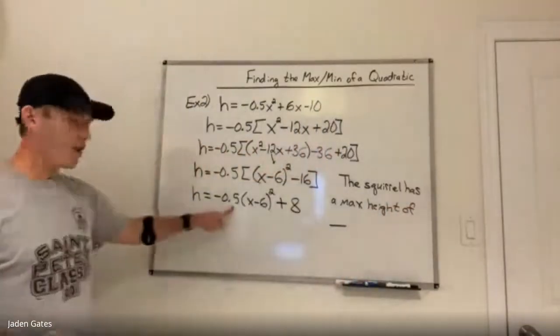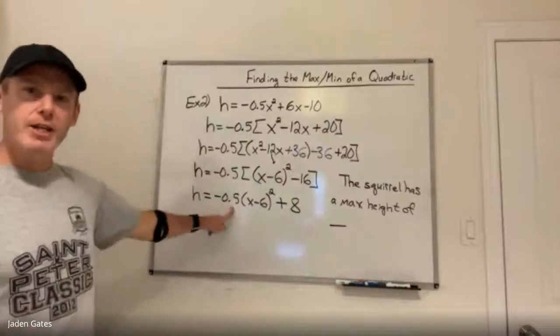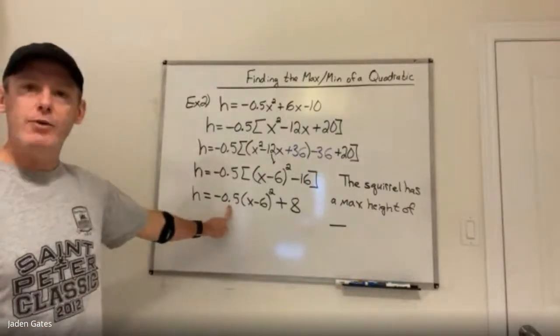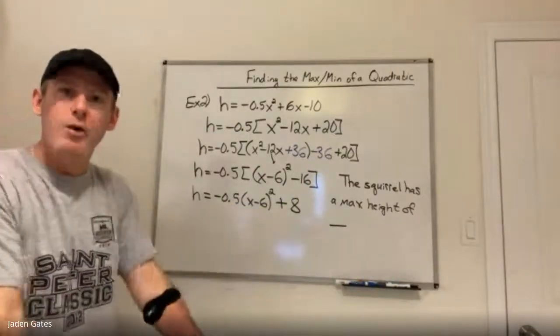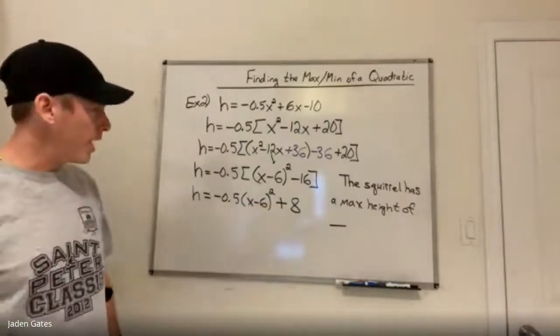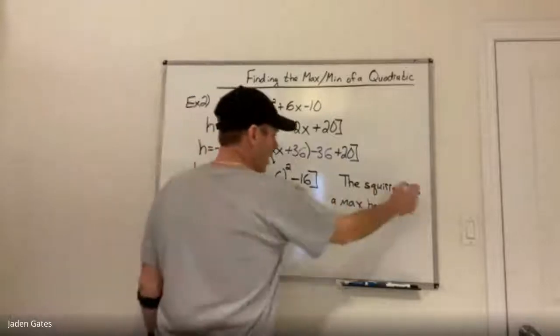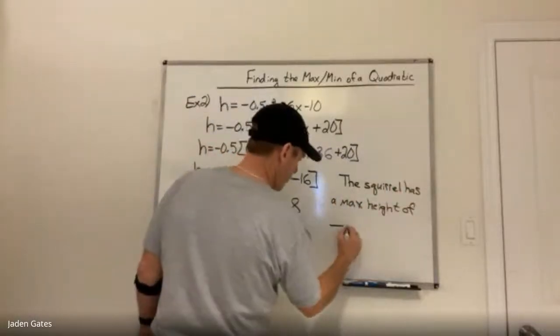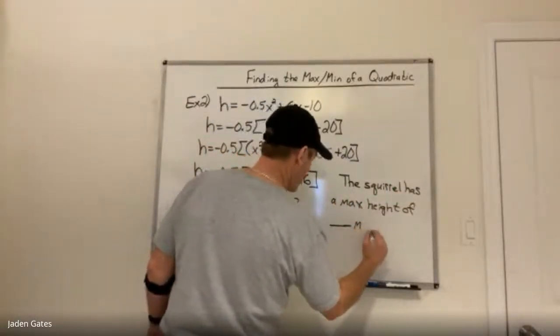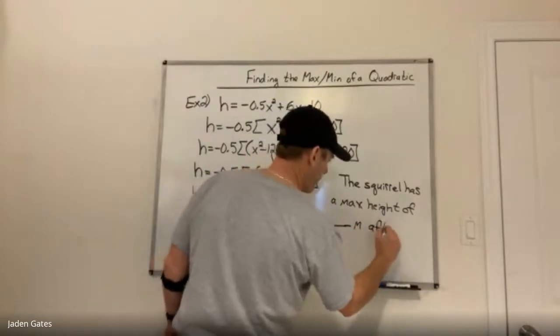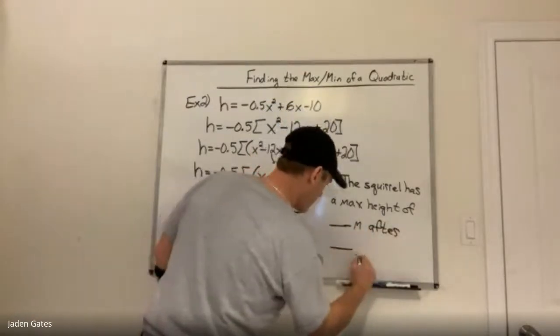Yeah, it is. Look at our A value. They were right when they asked for max height because the A value is negative, which means our parabola opens down, means the vertex is at the top. Okay, so they already told us that, but the squirrel has a max height of a certain amount, blank meters after blank seconds.